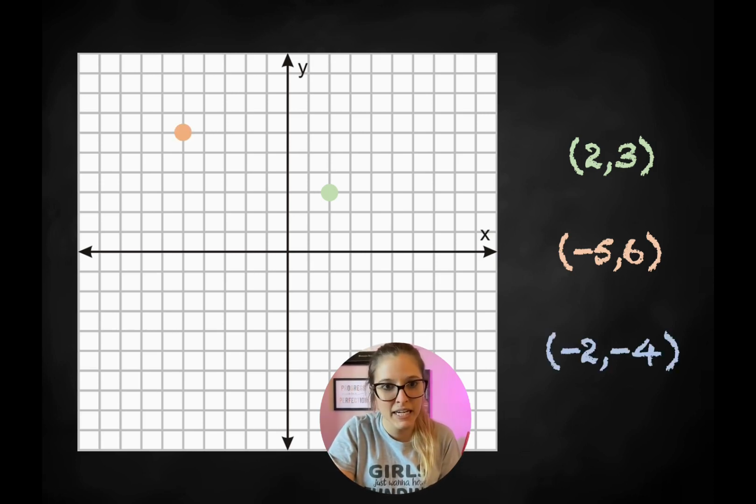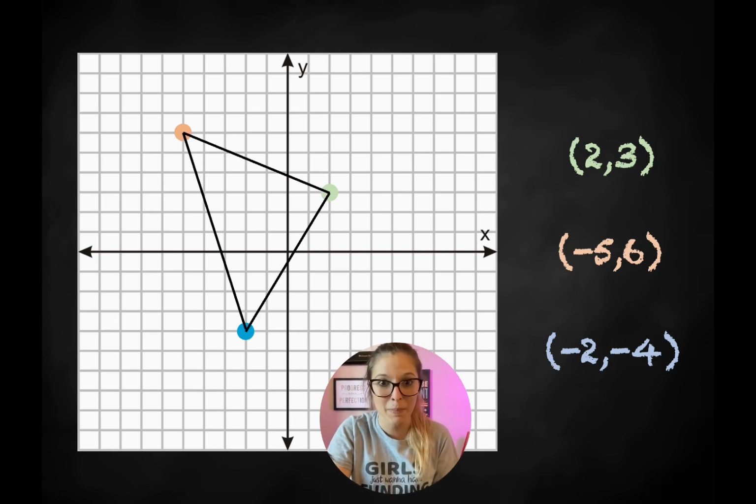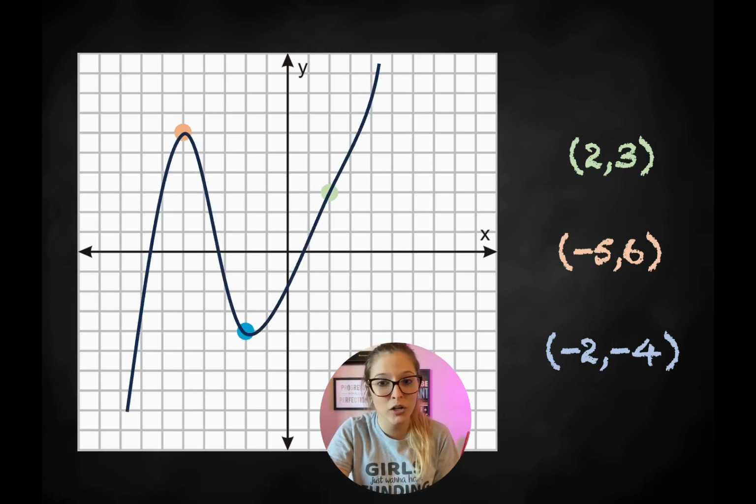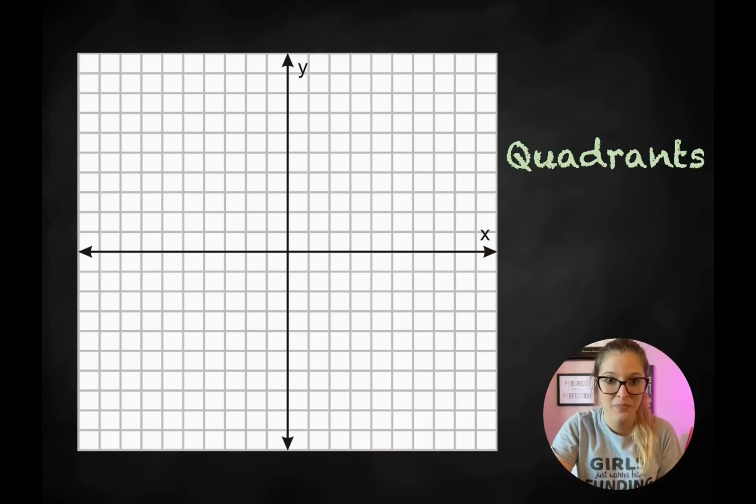And then finally, (-2, -4) would be to the left 2 and down 4, and then I would plot my blue point. By connecting these points, we unlock the power to create intricate shapes like this triangle, lines, and curves that are going to represent an array of real-world scenarios.